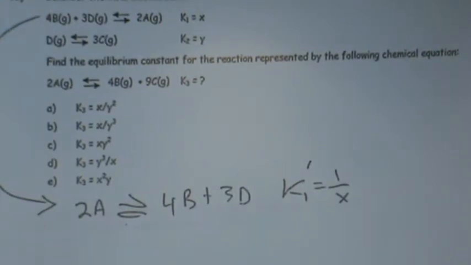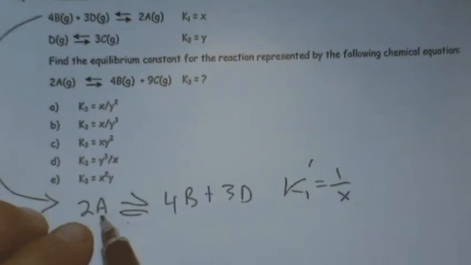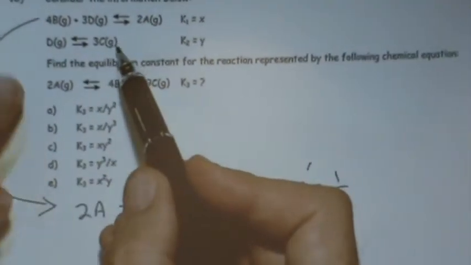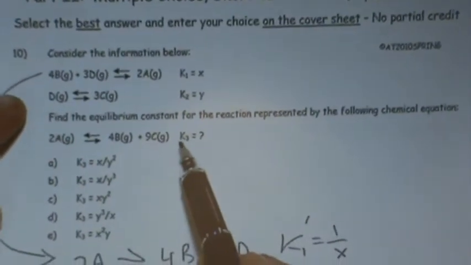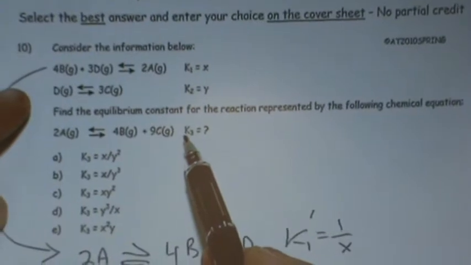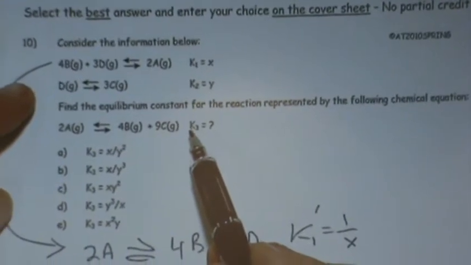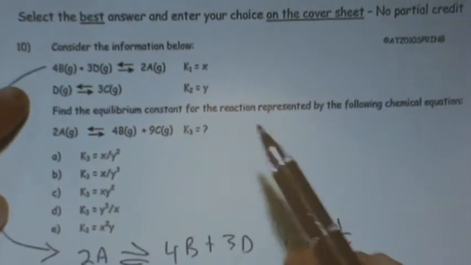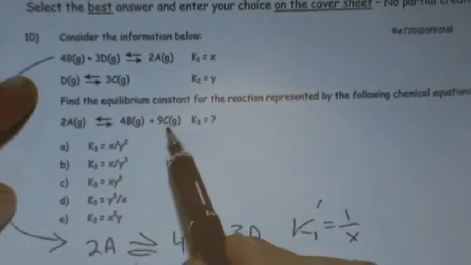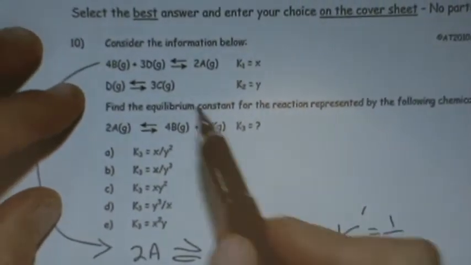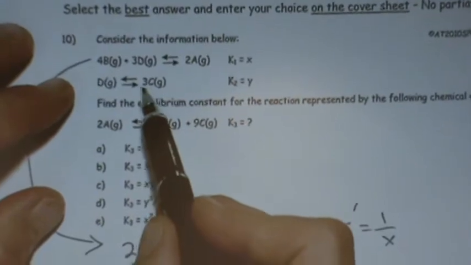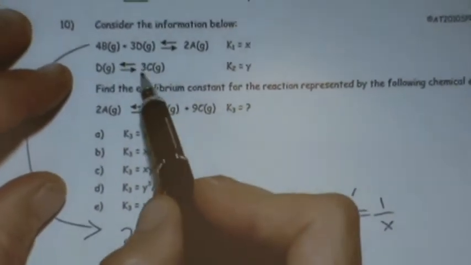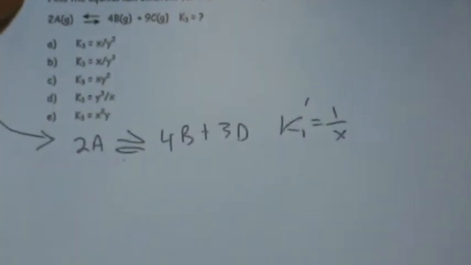Okay, now I got my 2A's, but if I add this now to that, I don't get this, because I want 9C on the right. I see C here on the right, that's good, but I want 9 C's, and I see 3 C's there, so what am I going to do?